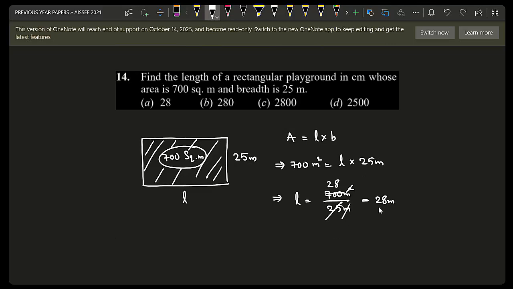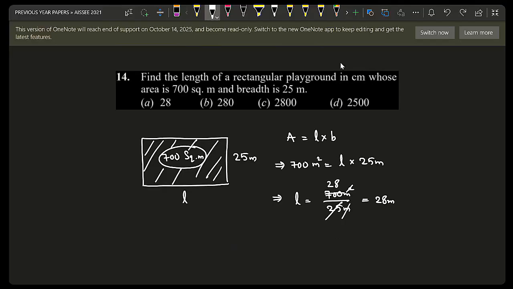Okay. So just to confuse you, they gave the 28 option in the beginning, but you don't choose that because we have to read the question properly. Find the length of rectangular playground in centimeter, but we got in meters. That's why 28 is given in the first option only to make you wrong.